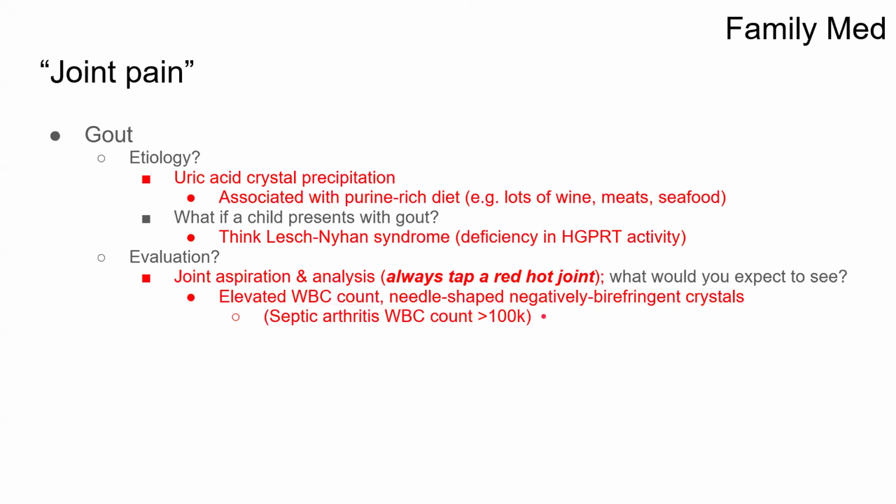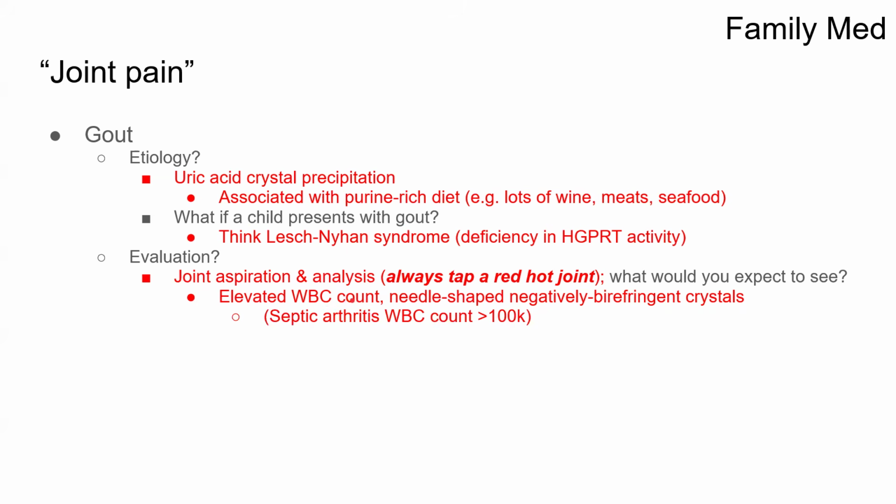One other important thing to consider for someone who comes to the emergency room with a super painful red hot joint is septic arthritis. You'll usually go down the route of thinking about septic arthritis if they have a fever and systemic symptoms.